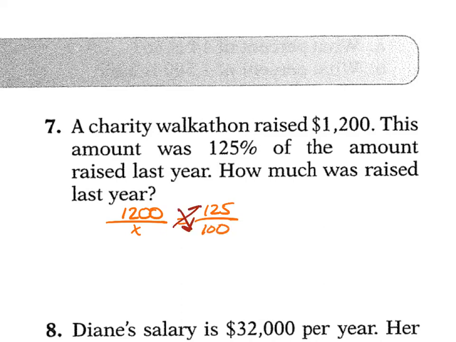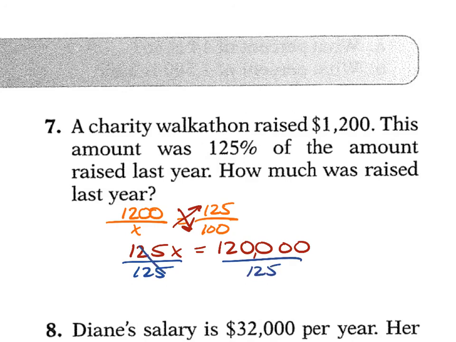So we're going to cross multiply with these. So we're going to have 125x is equal to 120,000. We divide by 125. So x is equal to 120,000 divided by 125 is $960.